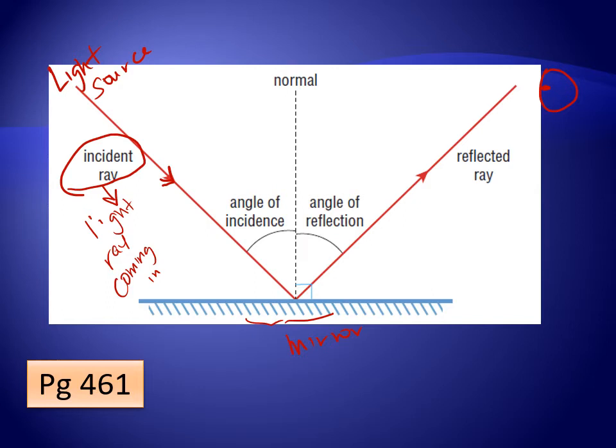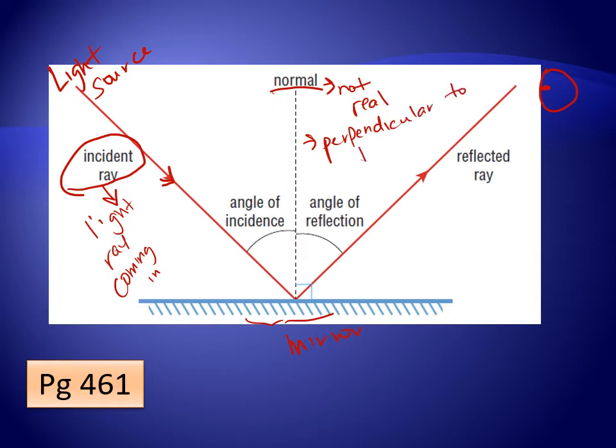You'll notice that there is this dotted imaginary line. So this is not real. Okay, what we do is in science we use it so that we can actually measure the angle that the light ray is coming in as opposed to the angle that the light ray is bouncing off at. So the normal is always a perpendicular line. Okay, so it's perpendicular to the mirror.